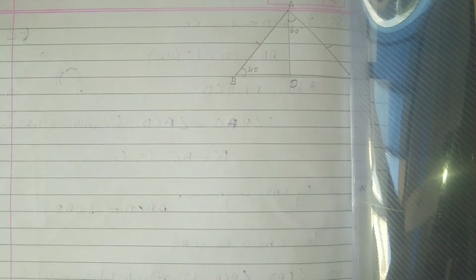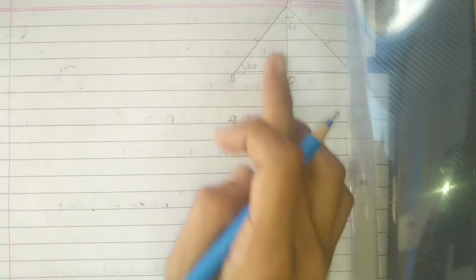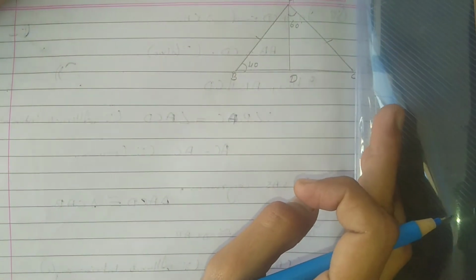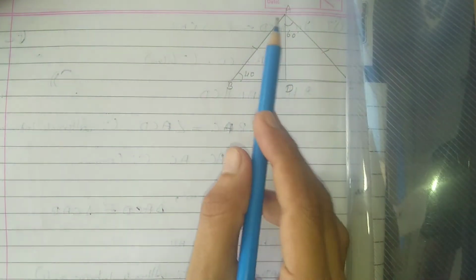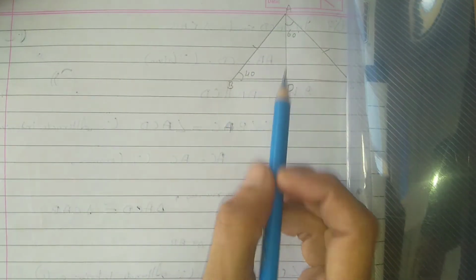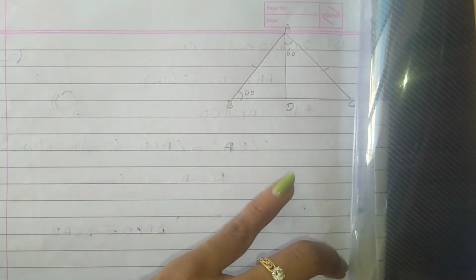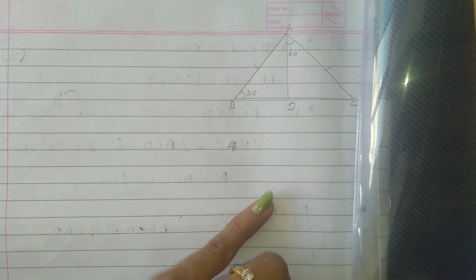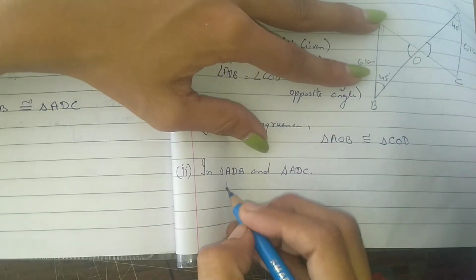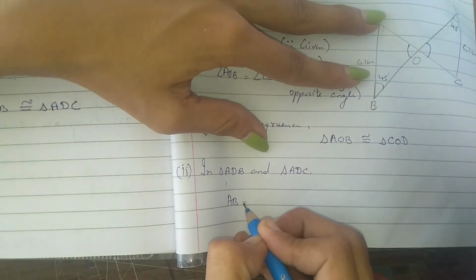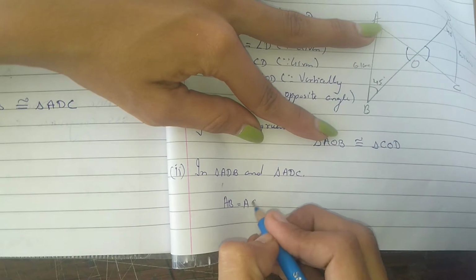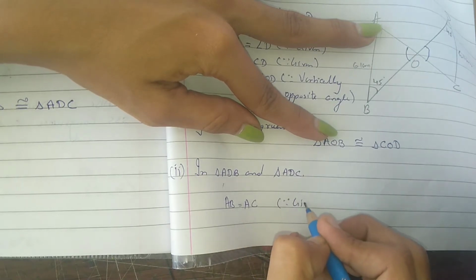Now here two triangles we have given, that is ABD and ACD. So first of all we will write that in triangles ABD and ACD, two sides are equal, that is AB is equal to AC. So let us write that, AB is equal to AC, given.